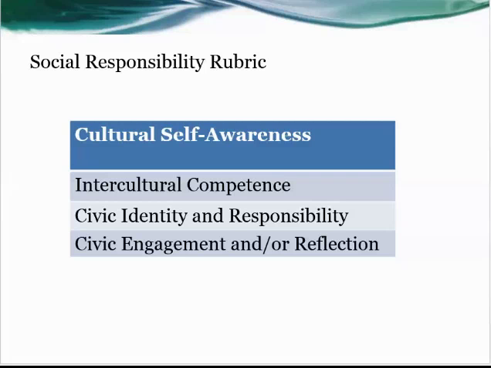There is intercultural competence. There is that civic identity and responsibility that, hey, knowledge can be acquired privately, but knowledge is usually constructed socially or publicly, meaning that it's a public good and not merely a private one. Someone may be able to gain possession of it, but that doesn't mean they necessarily own it themselves.